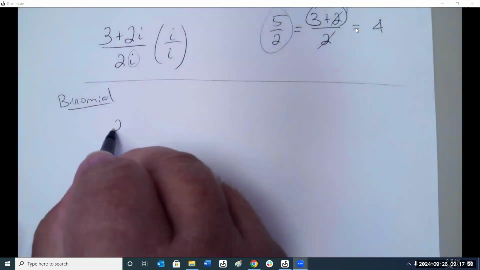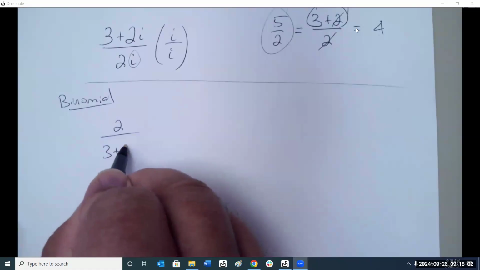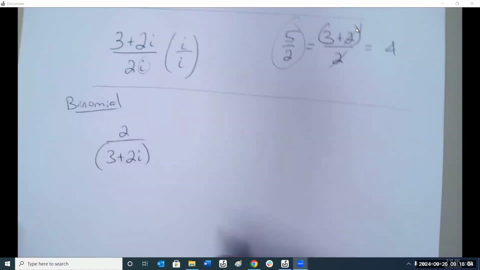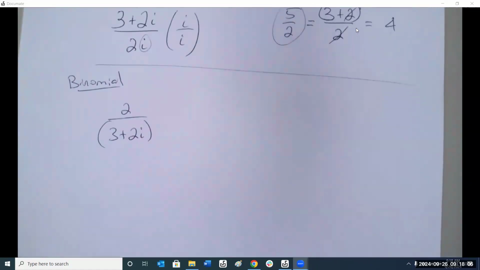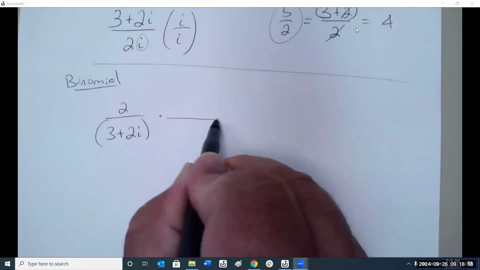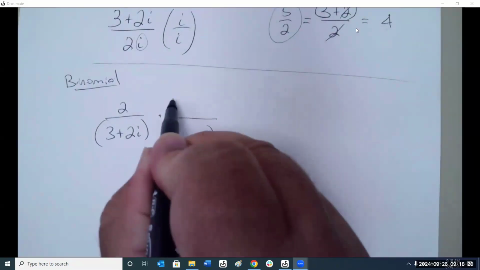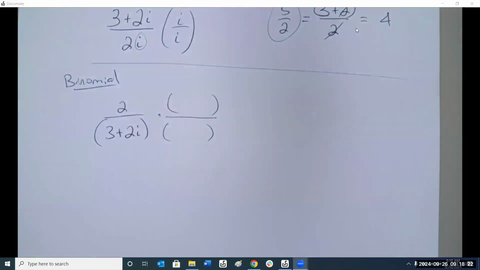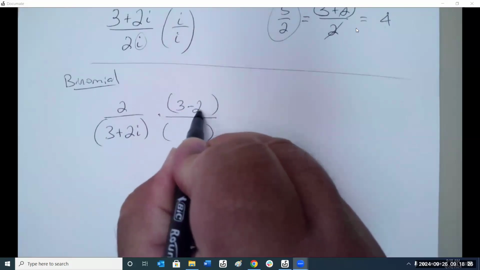So if we had 3 plus 2i on the bottom, we'd have to multiply top and bottom by the conjugate of the bottom to get rid of the i. So what's the conjugate? It's 2 over 3 plus 2i. What's the conjugate? 3 minus 2i.